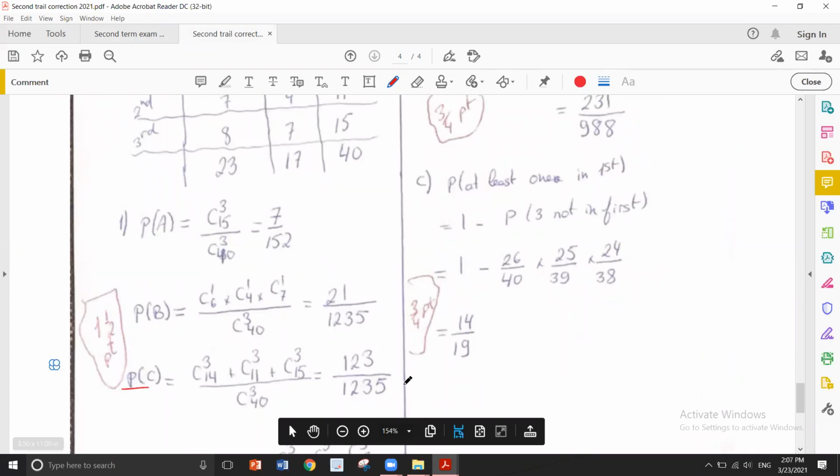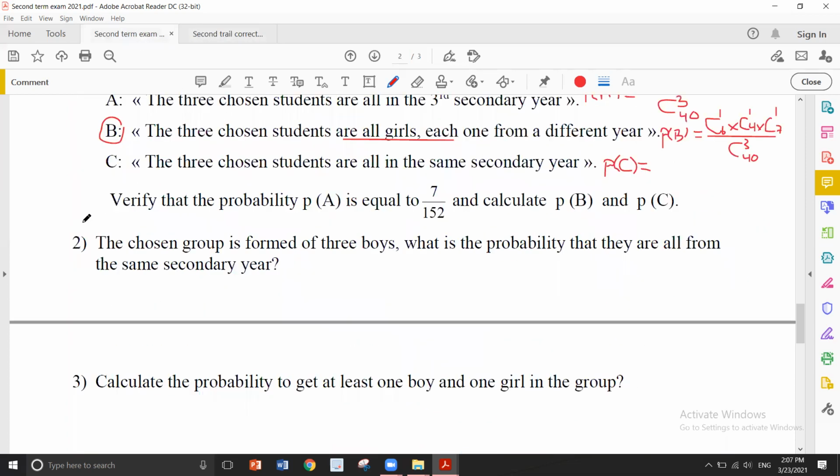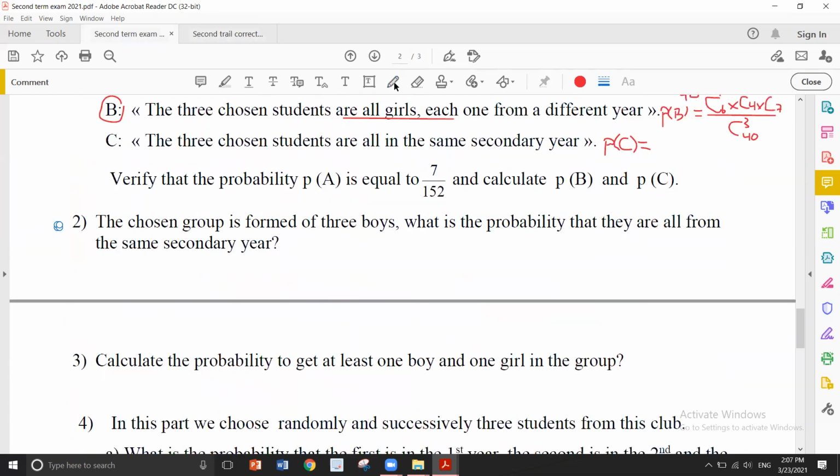Do you like to ask any question till here? Part 2. The chosen group is formed of 3 boys. What is the probability they are all from the same secondary year? It says probability of same secondary year, meaning C. The chosen group is formed of 3 boys.